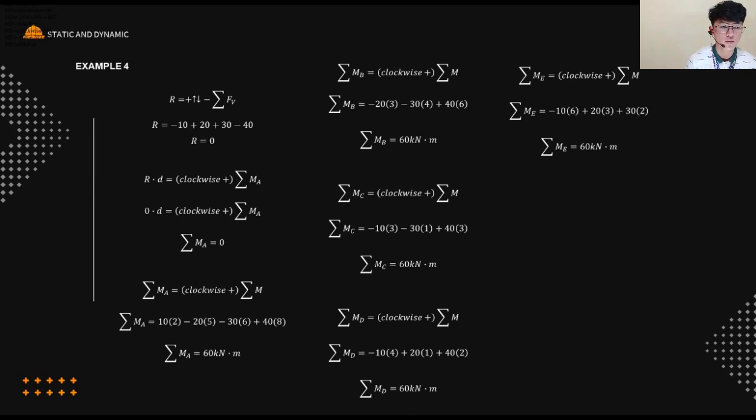So, ibig sabihin, wala siyang distance or 0 yung distance niya, kaya makakancel lang siya. So, kapag in-equate natin itong equation na nagawa natin, makuha natin moment sa B is 60 kN meter.